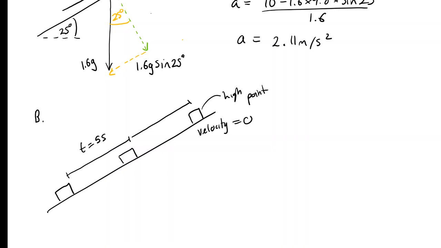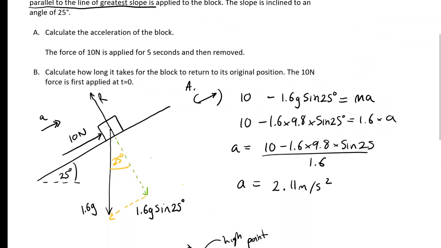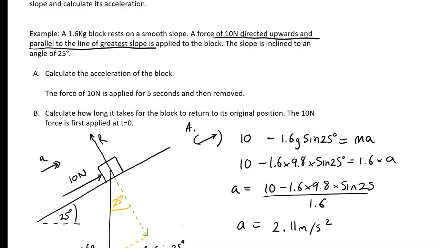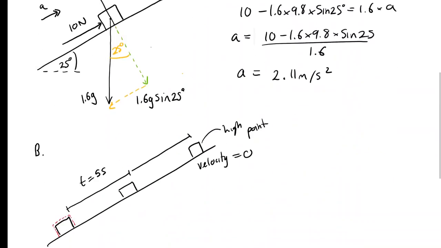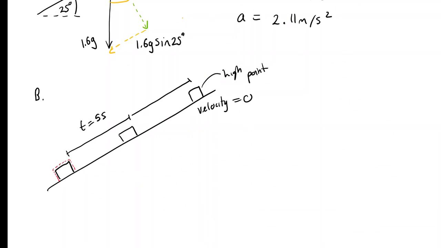Then it's going to slide all the way back down and work its way back into the original position. That's what the question's really asking about, the block to return to its original position.